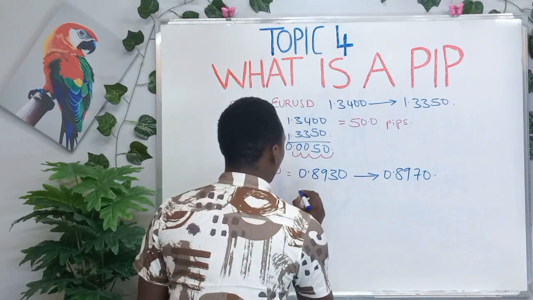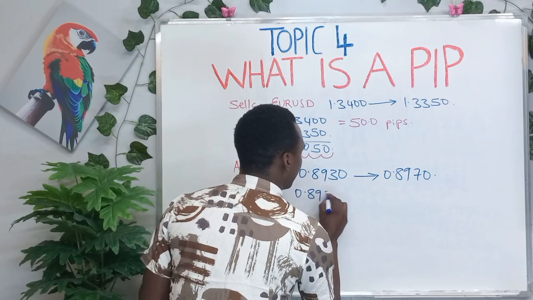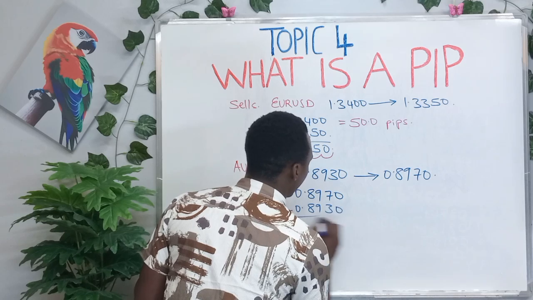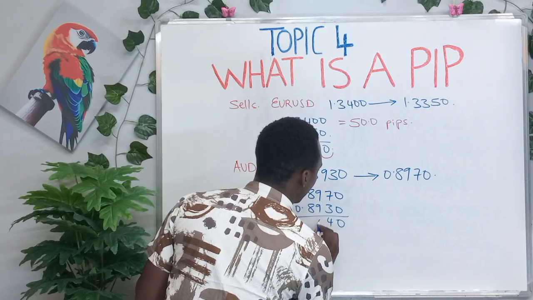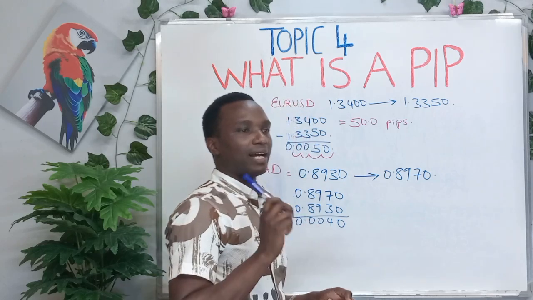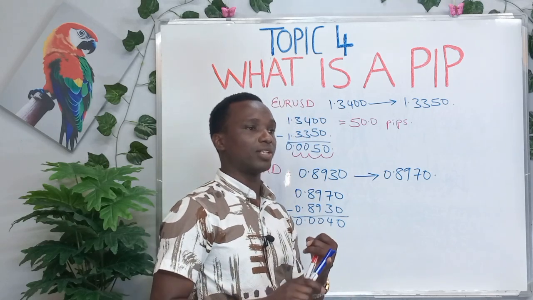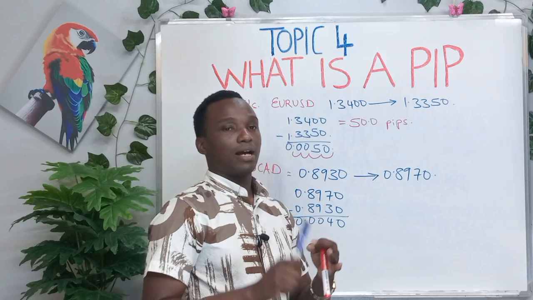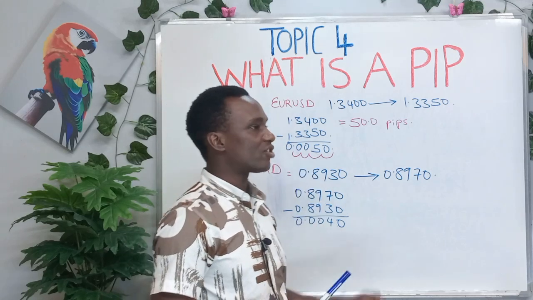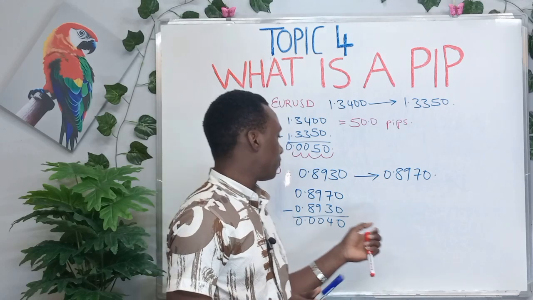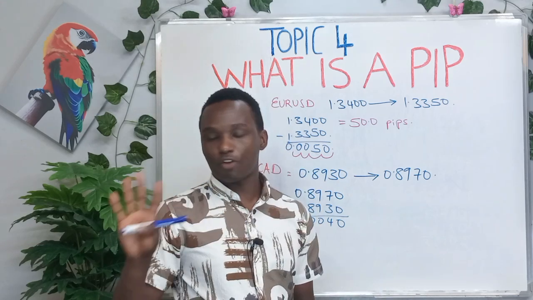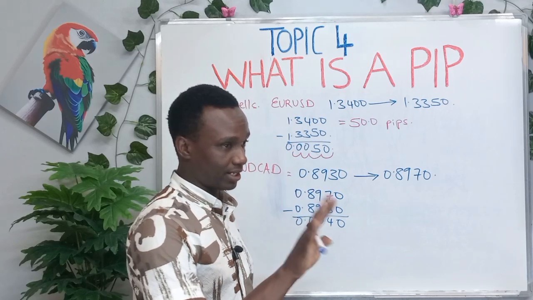Let us now look at the change in percentage in point. 0.8970 minus 0.8930, what do we get? 0.0040. So we said currency pairs like EUR/USD, GBP/USD, AUD/CAD, USD/CAD, CHF, whatever, those currency pairs' percentage in point is expressed to 4 decimal places.